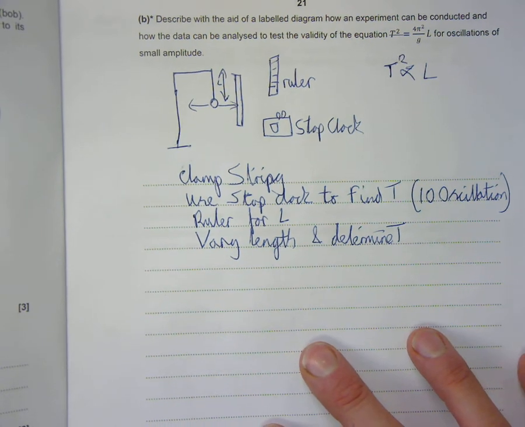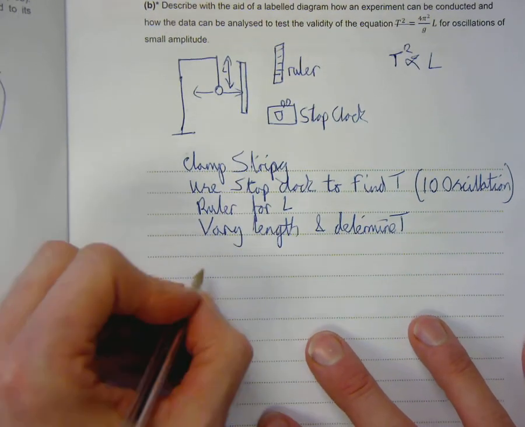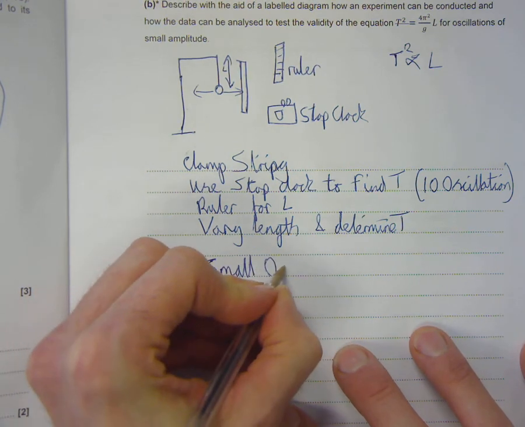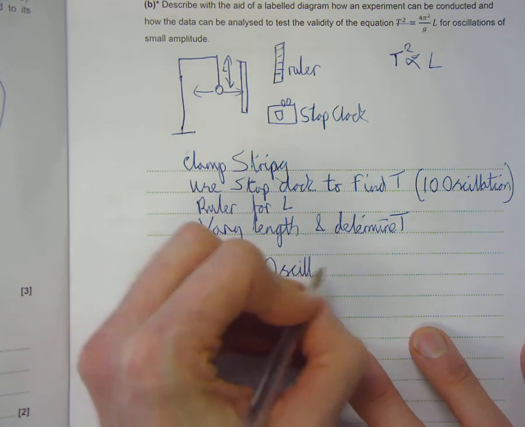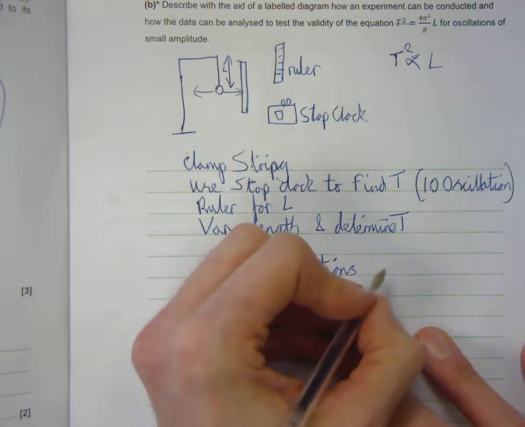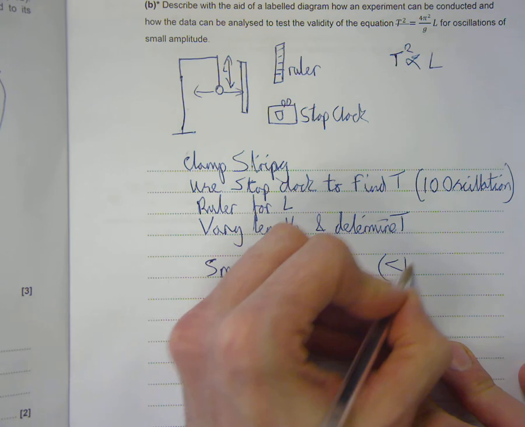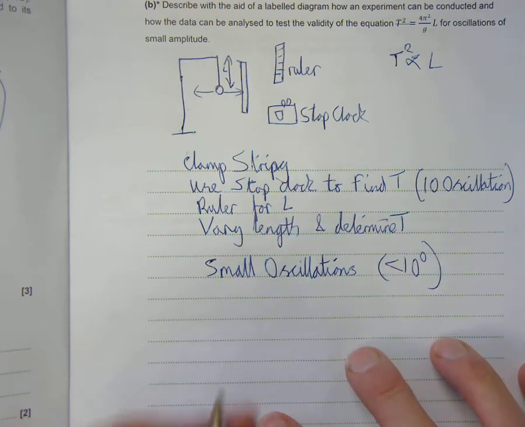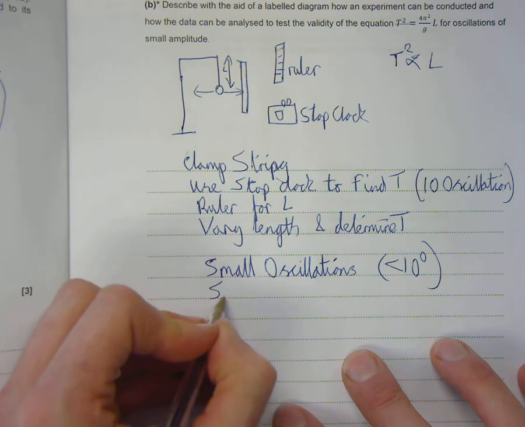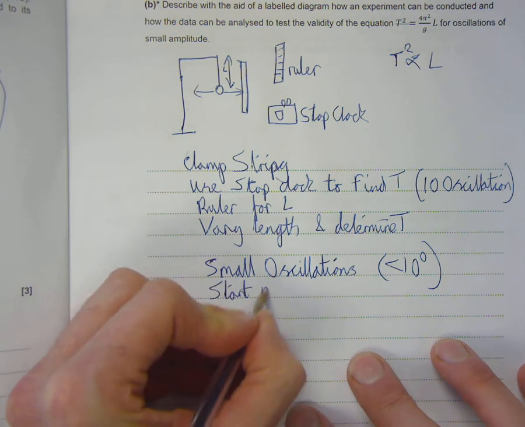How are you going to make sure it's valid? You're going to use small oscillations. You could say maybe less than 10 degrees or something like that. You need a sort of start-stop marker.